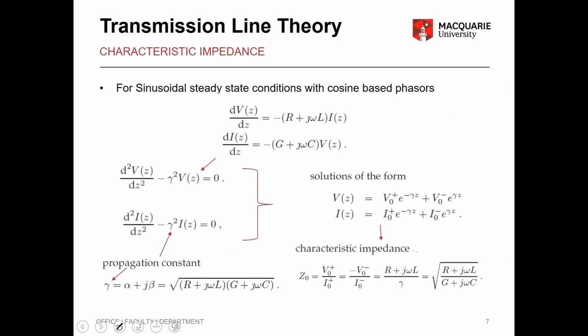Now, for a sinusoidal steady state condition with cosine phases, that means your signal is in the form of an amplitude times e to the minus j theta z. Your signal can be represented by an amplitude and a phasor, e to the j theta z.